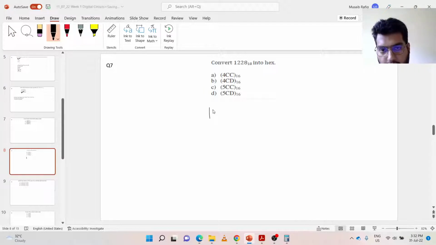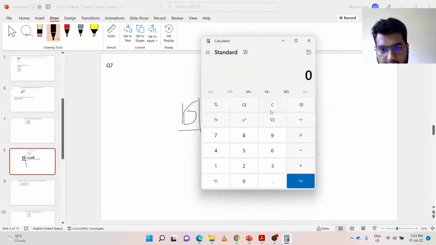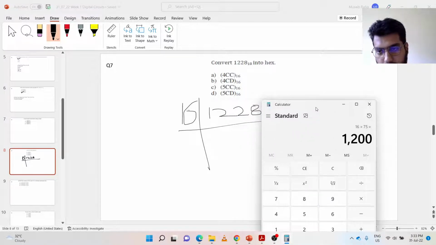What we will do is divide it by the base of the system. So 1228, divide it by 16. Let me just take a guess here. 16 multiplied by 70 is 1120. 16 multiplied by 75 is 1200, plus 16 is 1216, plus 16 is 1232.